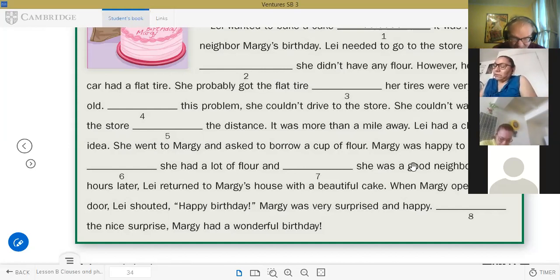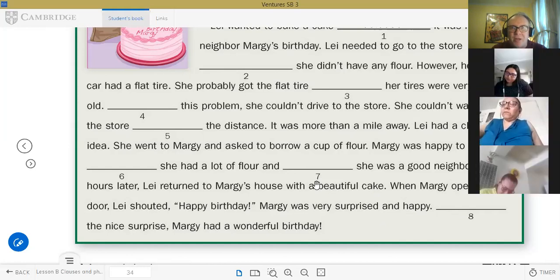So, because. Two hours later, Lay returned to Margie's house with a beautiful cake. When Margie opened the door, Lay shouted, "Happy birthday!" Margie was very surprised and happy. Because of the nice surprise, Margie had a wonderful birthday.